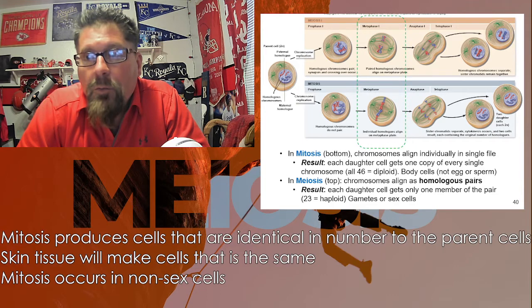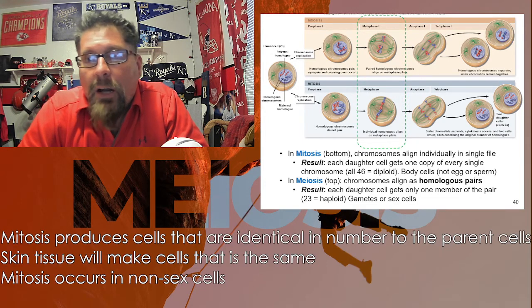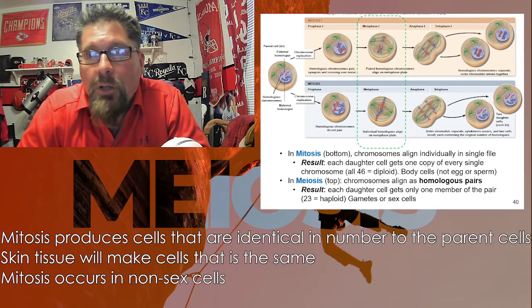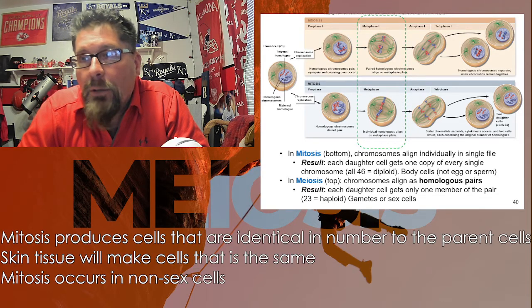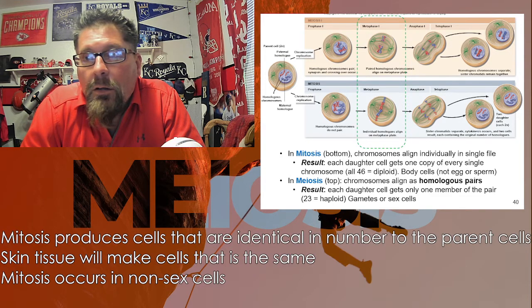Okay, and again, another example. We've seen this kind of diagram; the text below it is a little bit different. This is meiosis 1 at the top and mitosis at the bottom. So we'll start with mitosis, along the bottom.